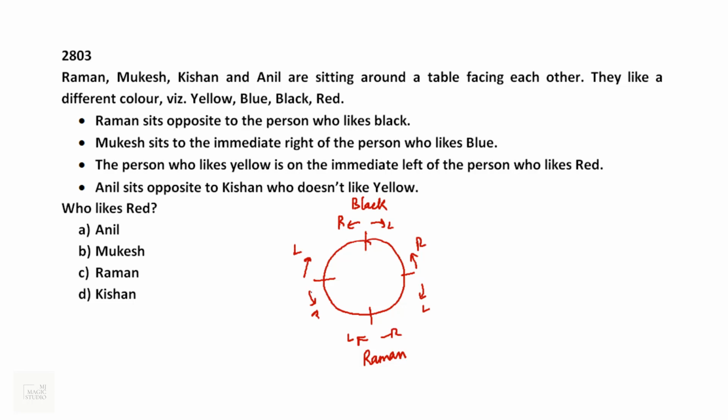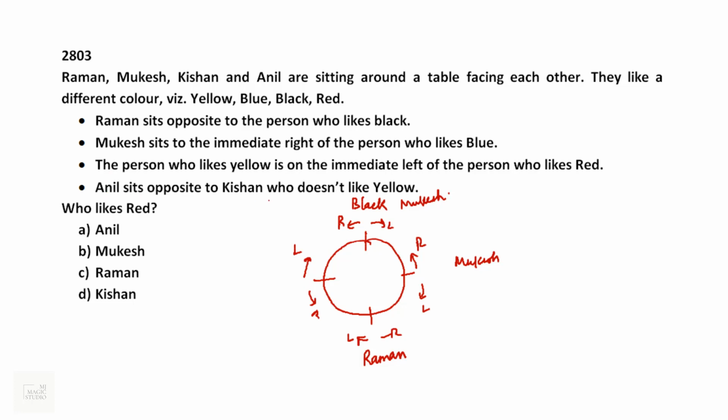Immediate right to black is this position, so Mukesh is not here, because this is black. If Raman likes blue, Mukesh can be sitting here. If this person likes blue, Mukesh can be liking black. But Mukesh cannot be here.